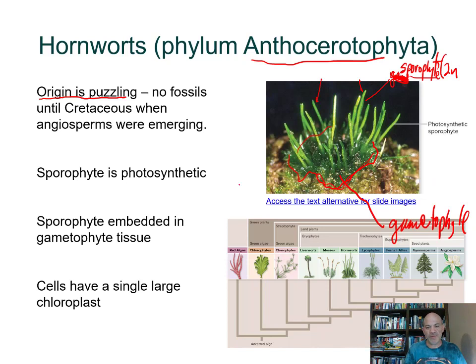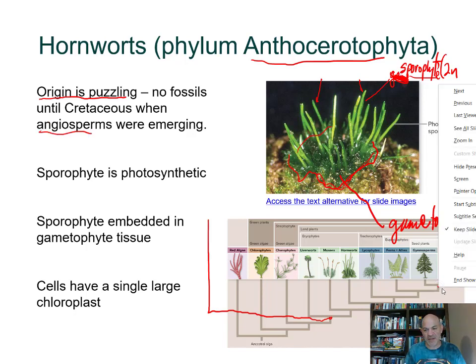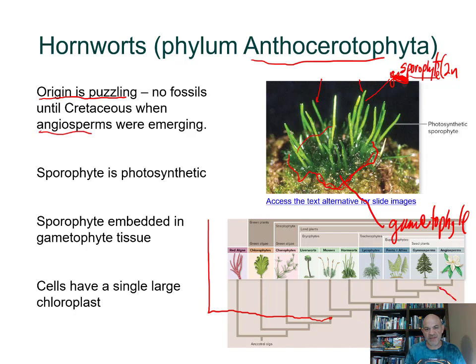Okay, so you go back in time here, and you find this ancestor right here, but they don't find any spores in the fossils until the Cretaceous, when the angiosperms have already evolved. The angiosperms don't evolve until whatever time that is right there. Okay, and that's sometime within the Cretaceous period, which is much later than when these early plants evolved.